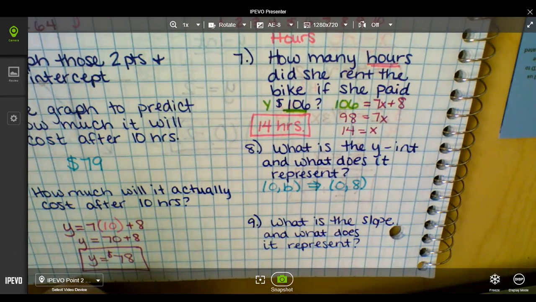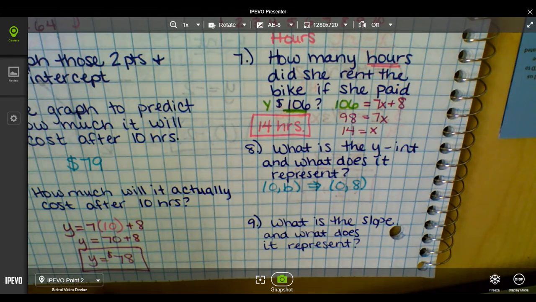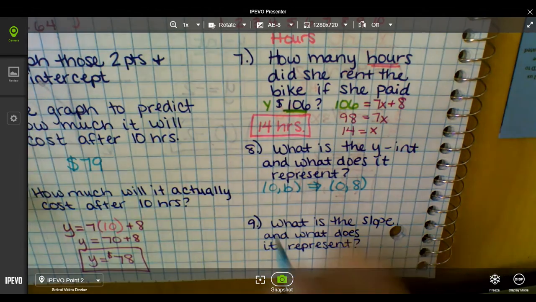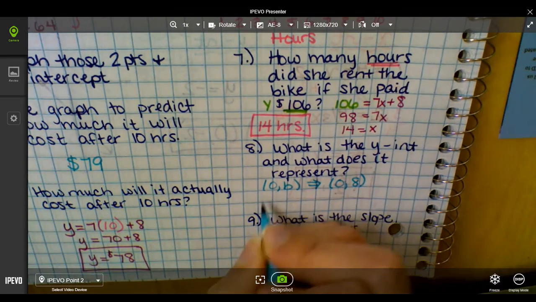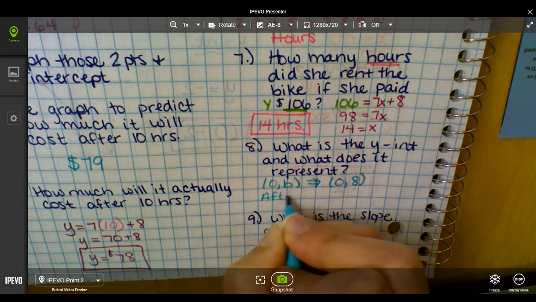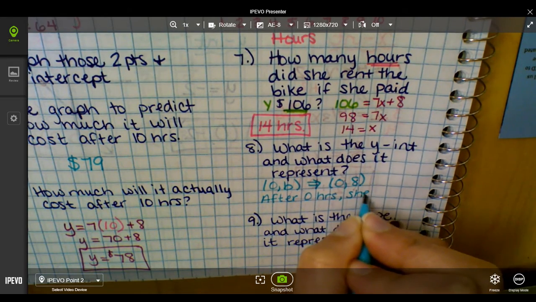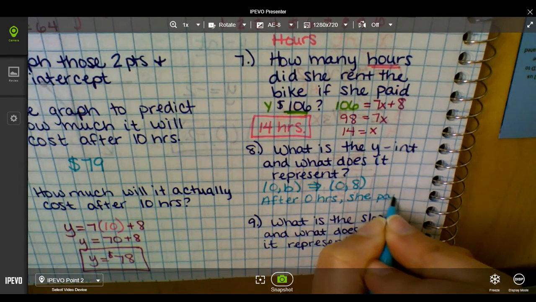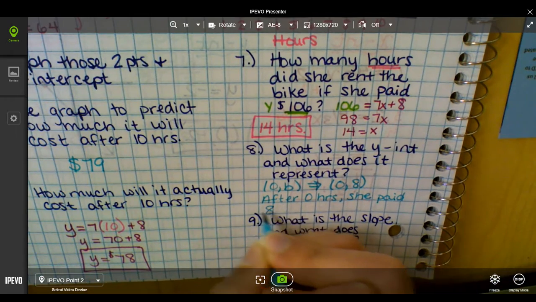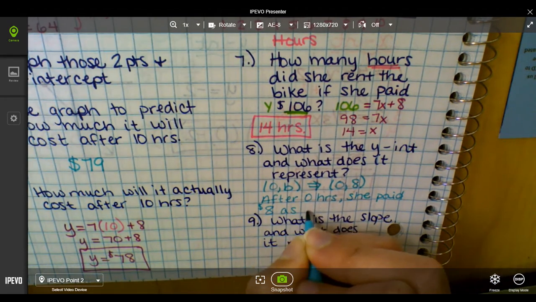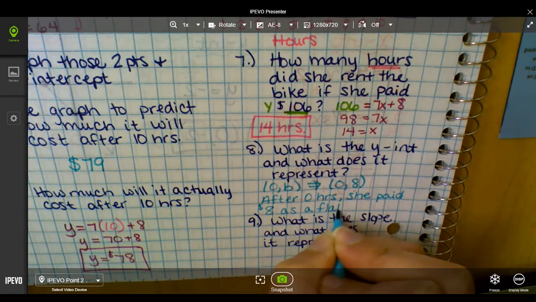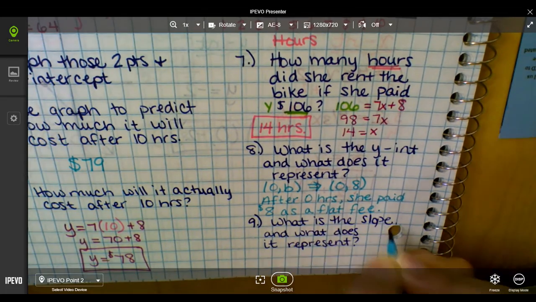Okay, there's a couple of different ways that you can explain this. You can say that that $8 was your flat fee, but usually how I explain this is I relate it to time. If you look at it as (x, y), after 0 hours, she paid $8, and then you can just put it as a flat fee or a one-time fee or something like that.